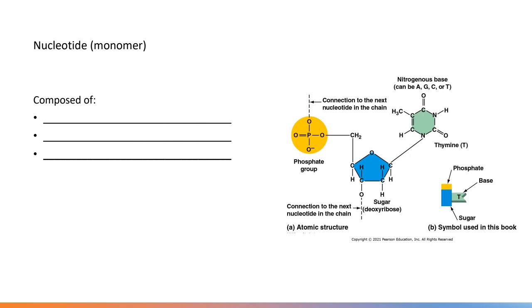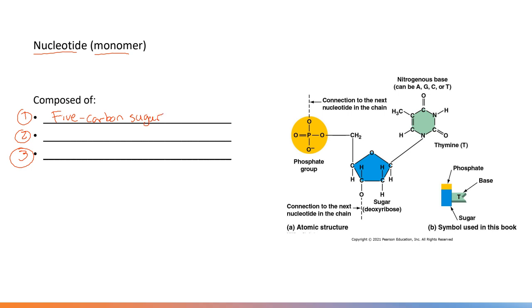Now let's look at a monomer, which is a nucleotide. And the nucleotide is going to be made of three things: one, two, and three. It's going to be made of a 5-carbon sugar. Okay.